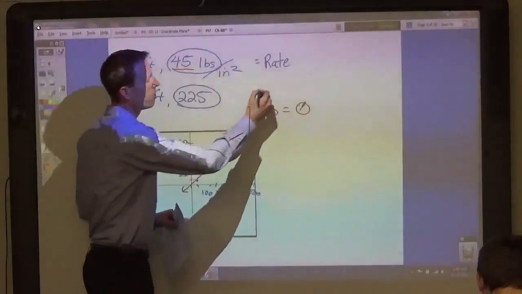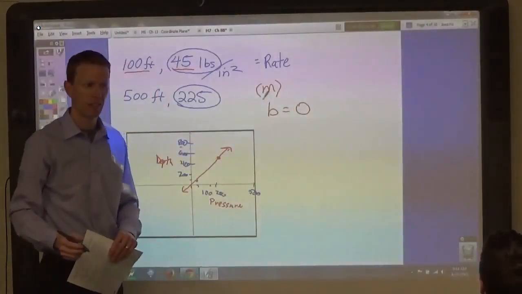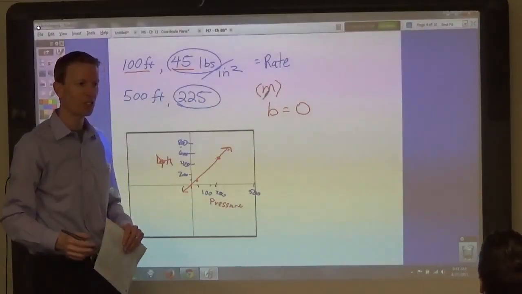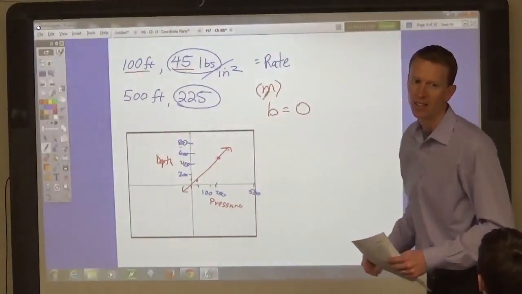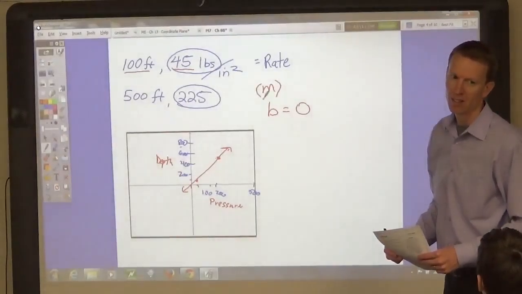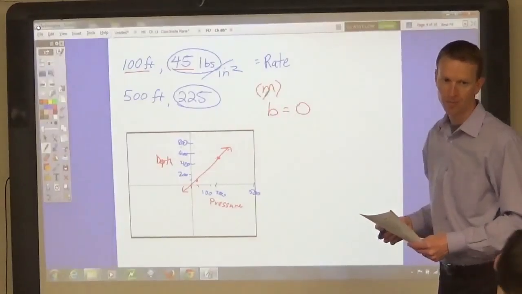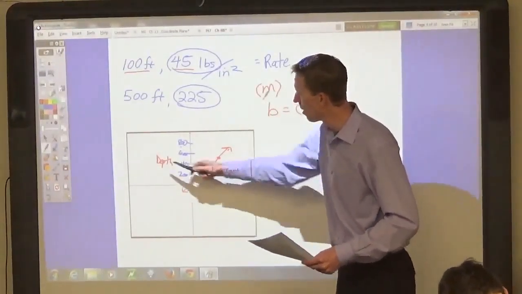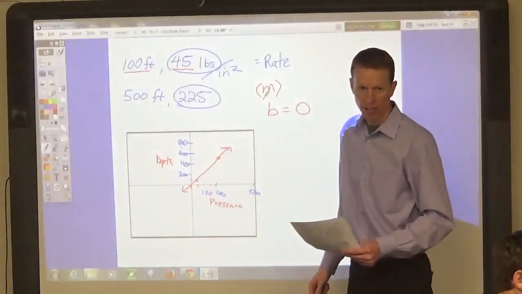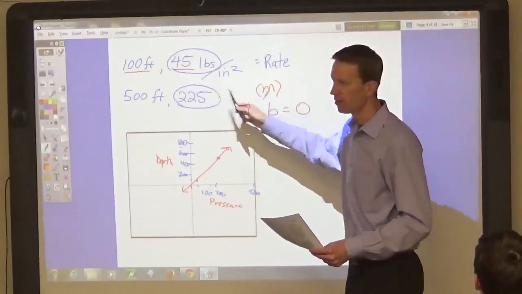Then we have to find the slope, using the numbers. What's the slope formula again? y2 minus y1 over x2 minus x1. Right, so based on our graph, which are the x points? The pressure, right?